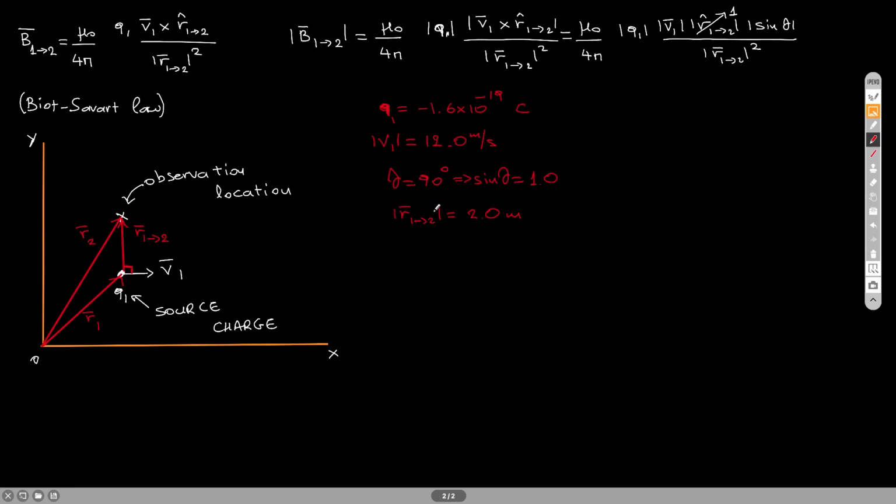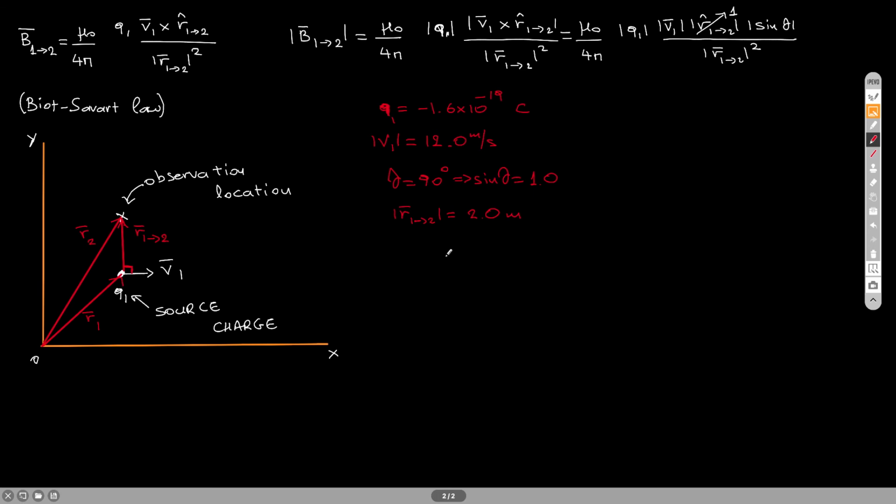It is possible in a problem that you will be given the position of the source charge, the position of the observation location, like the two vectors, and you will be asked to find the magnitude of the magnetic field. In that case, simply follow the steps as usual. Find the vector r, find the magnitude, and that will tell you what the distance is. In this case, I'm giving you this number.